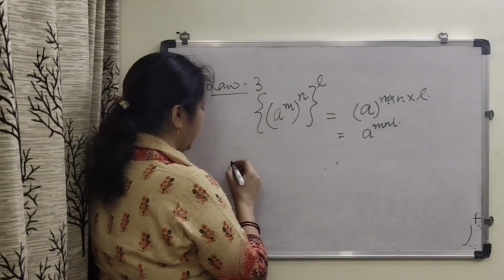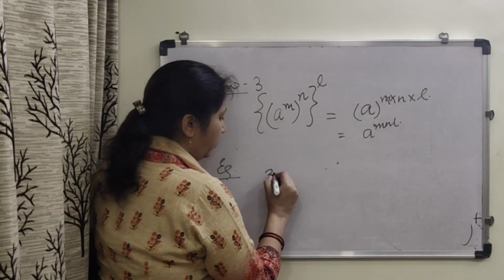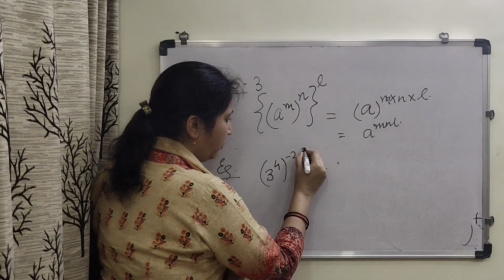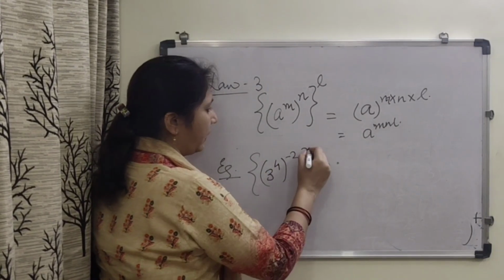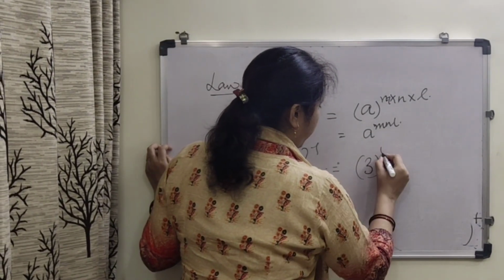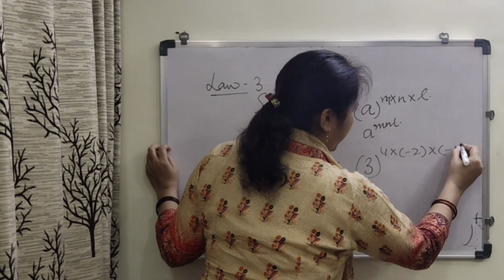For example, 3 to the power 4 to the power minus 2 to the power minus 1. It would be 3 to the power 4 into minus 2 into minus 1.